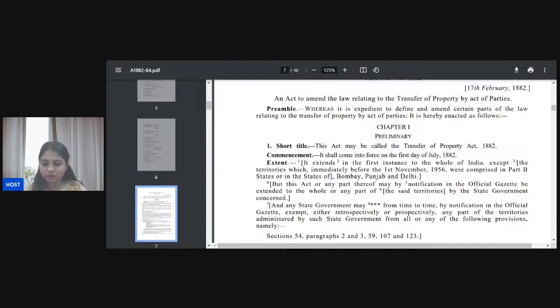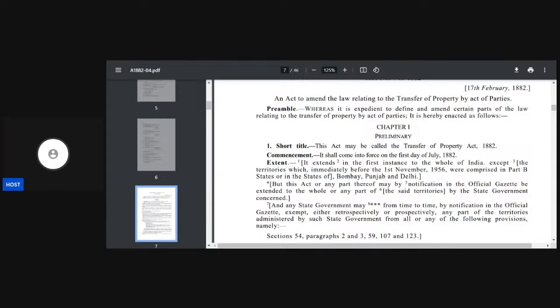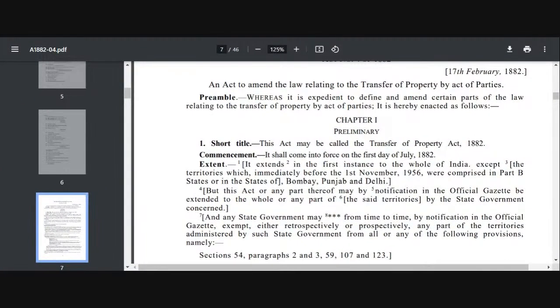If you see sections 5 to 37 of the TP Act, that is applicable to both kinds of properties.